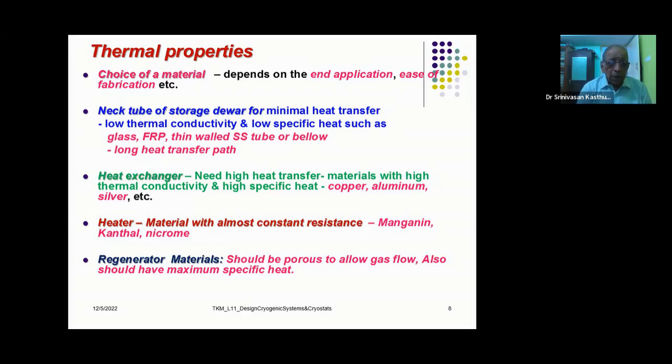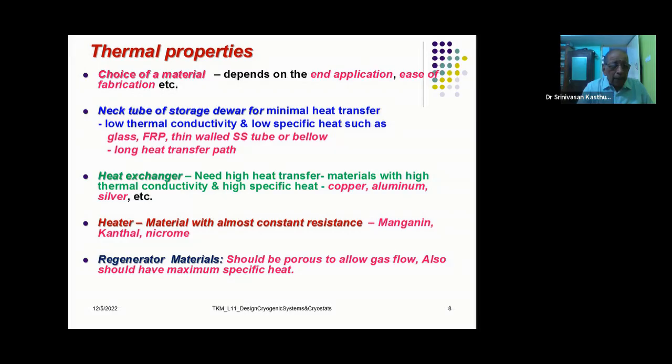For example, if I have to make the neck tube for a storage container, it should allow only minimal heat transfer. It should have a low thermal conductivity and low specific heat. So you can use, for example, glass or FRP, a thin wall stainless steel tube or bellows, so that a long heat transfer path is available for minimal heat transfer.